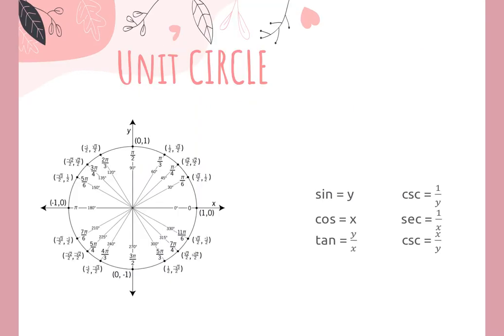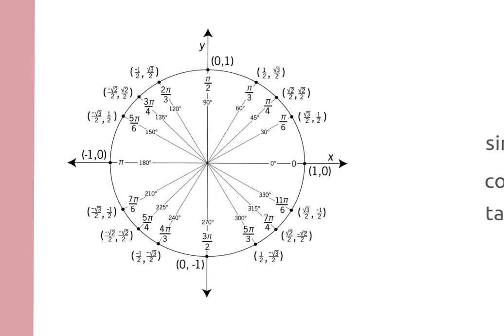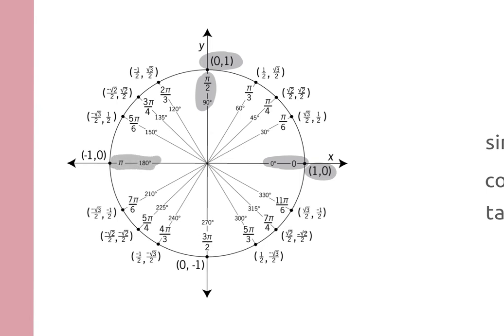So this on the left is your unit circle, okay? It is called a unit circle because it is a circle with a radius of 1. So we already know the quadrant stuff, right? We already knew that this was 0 degrees and that the coordinate point here is 1, 0. We already knew that this was 90 degrees or pi over 2 and that the coordinate point there at the top is 0, 1. We already knew this is 180 or pi and the coordinate there is negative 1, 0.